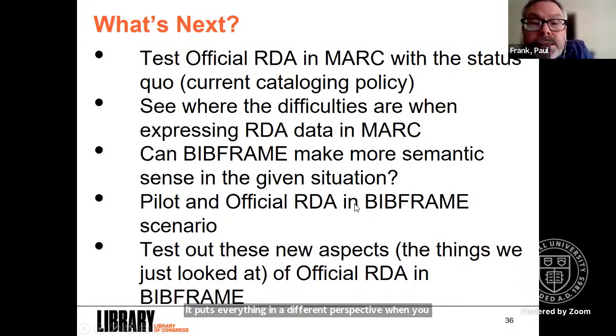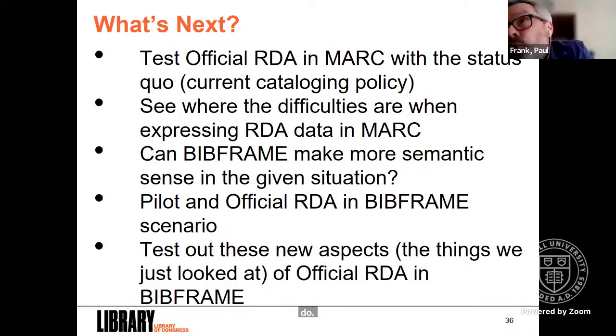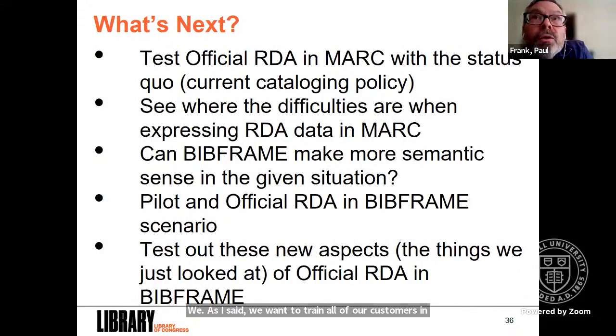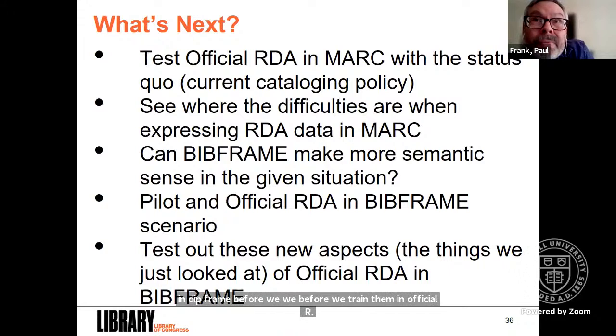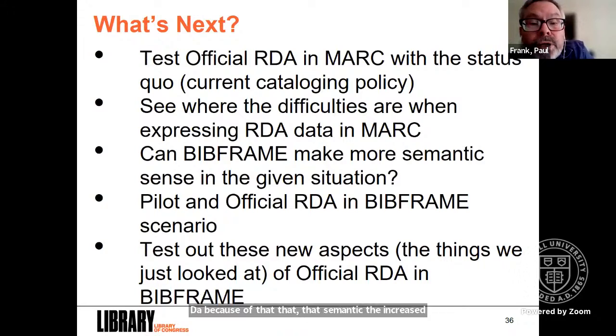So what I would like to see then is pilot official RDA in BibFrame. And this is what the Library of Congress is hoping to do. As I said, we want to train all of our catalogers in BibFrame before we train them in official RDA, because of the increased semantic understanding that BibFrame brings to LRM data and RDA data.